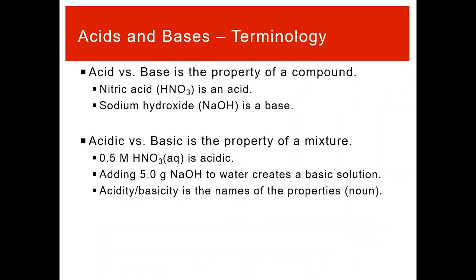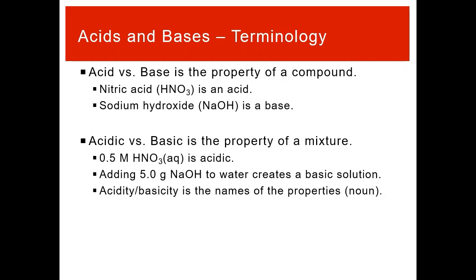When we talk about acids and bases, that is a property of a chemical. So nitric acid has the formula HNO3. That is an acid. It reacts as an acid. Sodium hydroxide, NaOH, is a base. That's a property of a chemical. When we start talking about the adjectives acidic and basic, that refers to the property of a mixture.